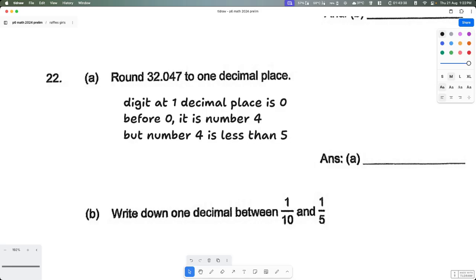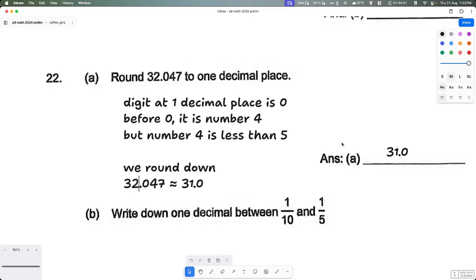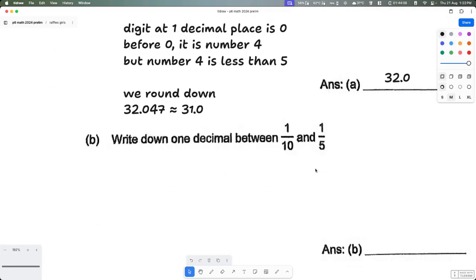So that means we round down, which is equal to 32.0. Okay, so that's the answer. Sorry, 32, not 31. 32.0. Okay, let's move to part B.